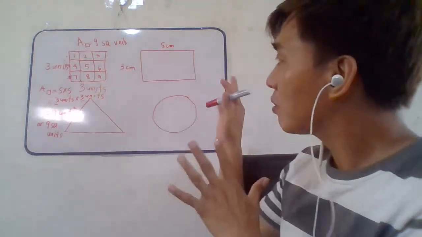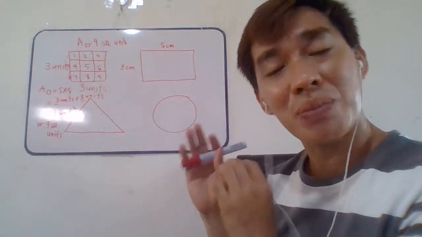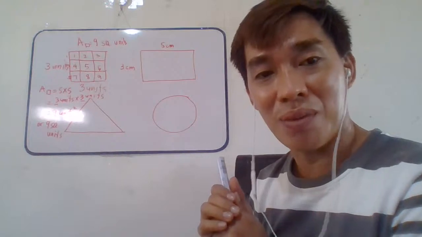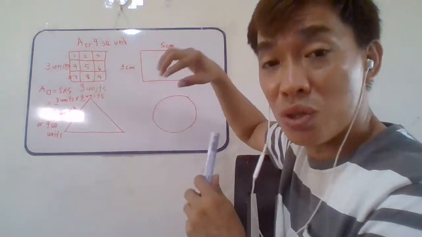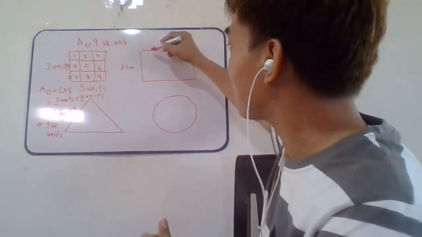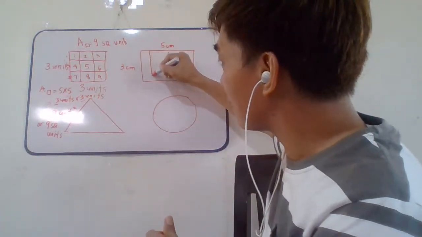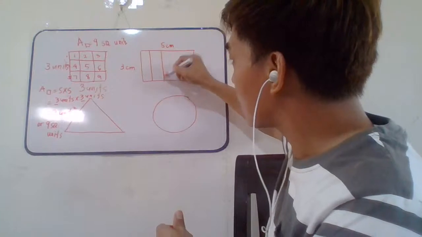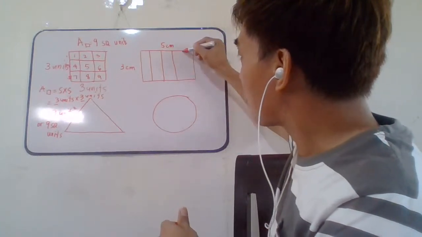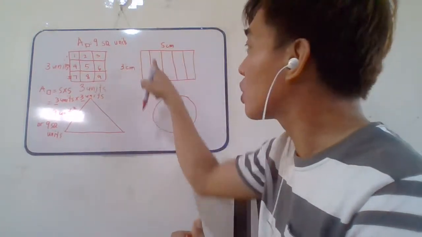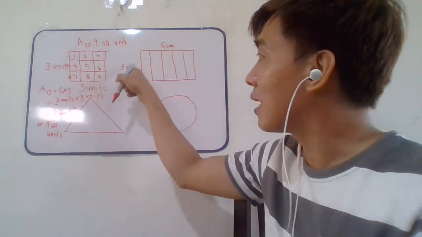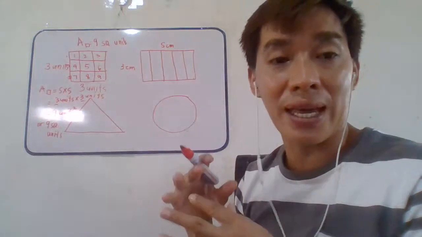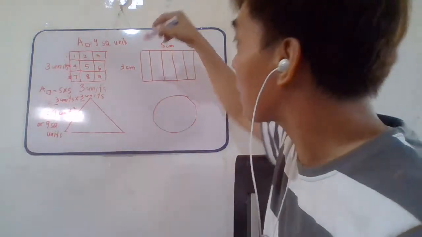Now, trying to look at this figure, how many square units can we make? If we convert these centimeters to units, that means 5 centimeters is 5 units. Assuming that's 1 unit, 2, 3, 4, 5. So 1, 2, 3, 4, 5 units. And of course, the other side here, the shorter side, is 3 centimeters or 3 units.